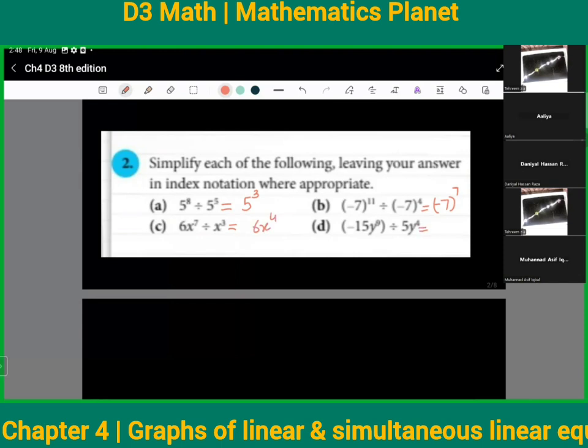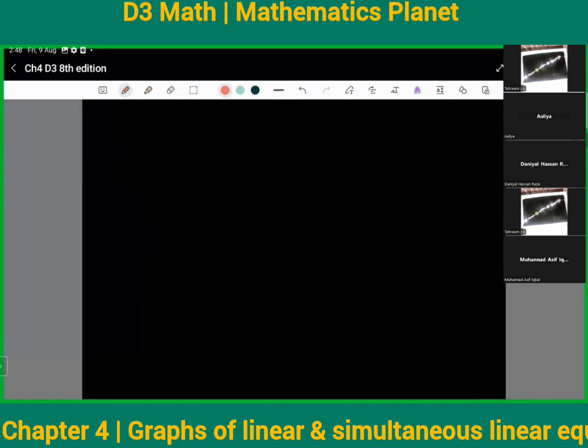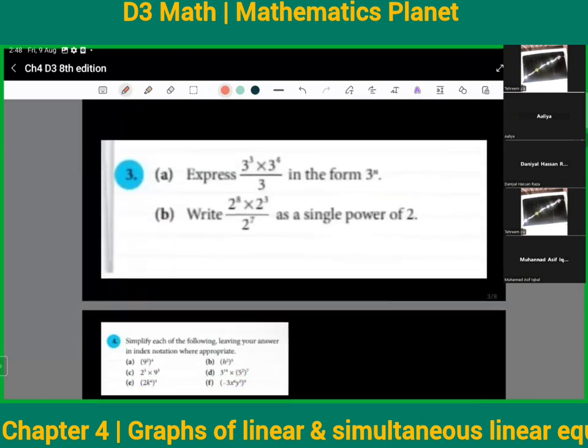Yes, Daniel. 3y minus 3y to the power 5. Yes, miss, 5. Yes, Alia.